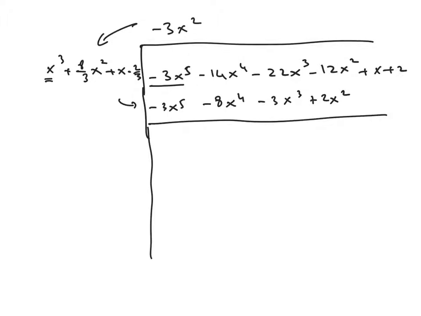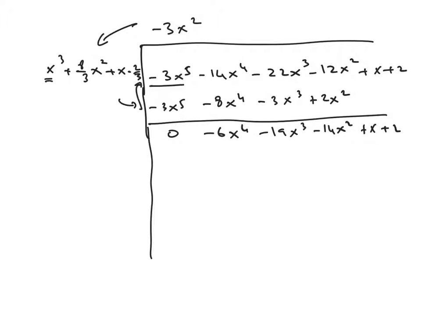Now we subtract this from this. We will get 0 minus 6x^4 minus 19x^3 minus 14x^2 plus x plus 2.